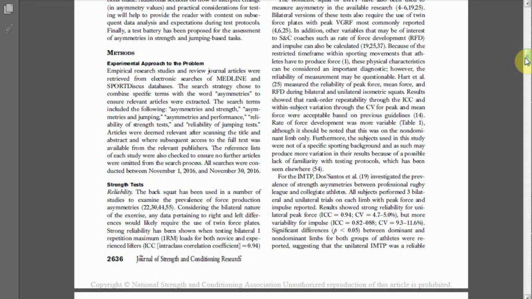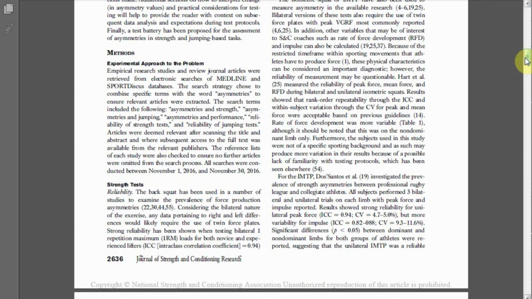Now, whilst the back squat is very commonly programmed for athletes, it should probably be highlighted that to do that well, we need a very large range of motion and mobility. And then athletes also need to be able to hold their form within those deep ranges of motion during that test.